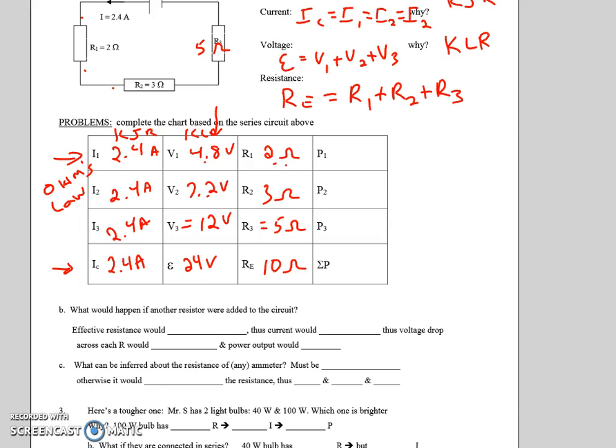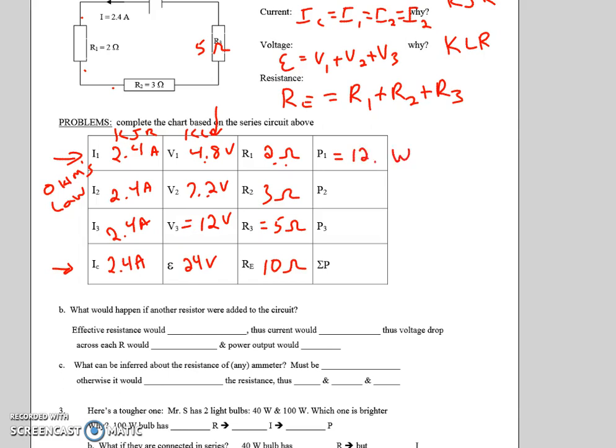Let's work it out. There's a lot of different ways I can calculate each power. I can do V squared over R, I can do I squared R, I can do V times I because I have all that information. I'm just going to do V times I for these, even though my numbers aren't perfect. So I got 4.8 times 2.4. So that's 9.6 plus about 3. So I'm guesstimating here. This is about 12 point something watts.